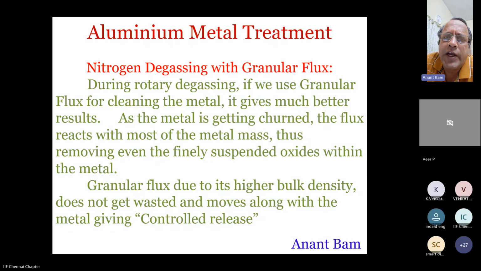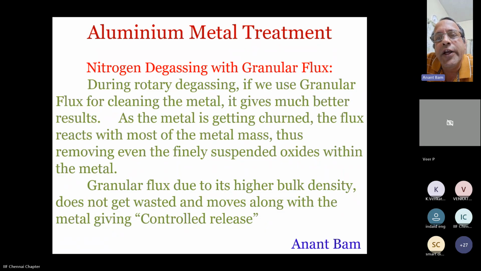In the first few slides, we saw that induction furnace is not suitable for aluminum melting because of high gas pickup due to churning action. Also, high exposure to atmosphere leads to high oxide formation due to churning action.